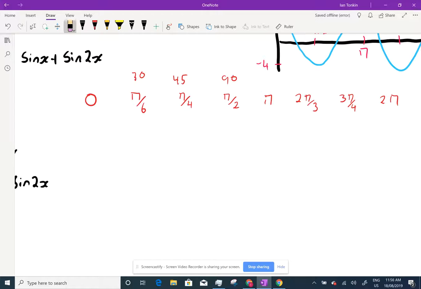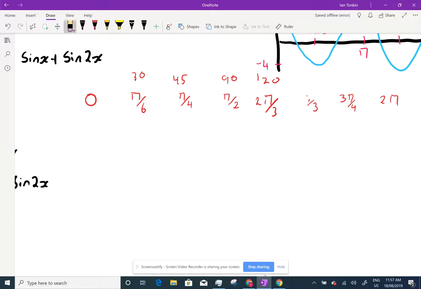I want another one in there. 90 plus 30 is 120. So 2 pi on 3, because pi on 3 is 60. So 2 pi on 3, which gives me 120.